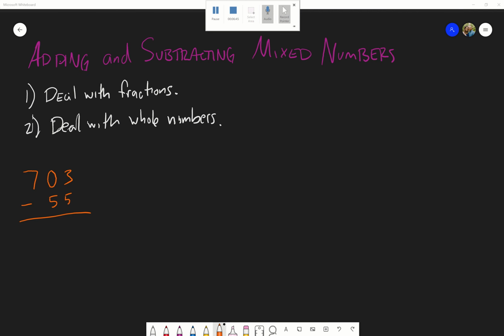So when I'm subtracting and I get to 3 minus 5, I can't do 3 minus 5, so I've got to borrow from other numbers. So I can't borrow from 0, so I go to 7, make this a 9, make that a 10, make that a 9, make this a 13. I'm borrowing one whole place value and bringing it over. And then I can do my subtraction.